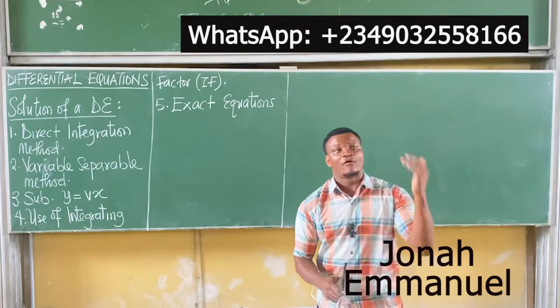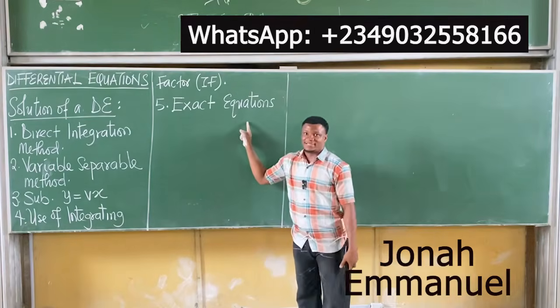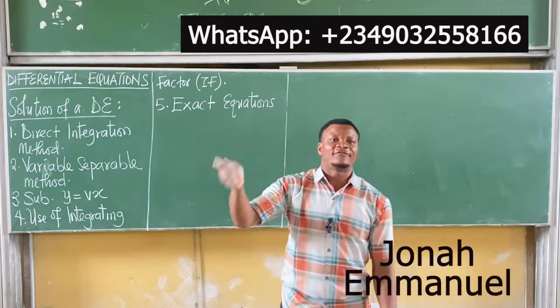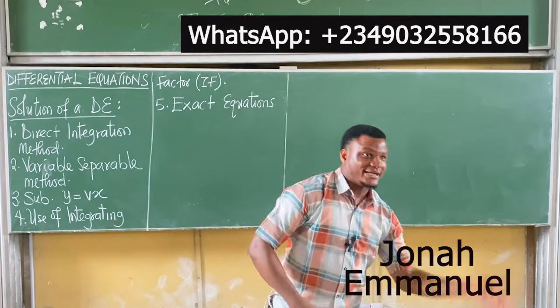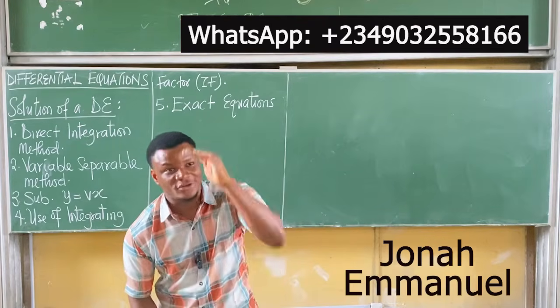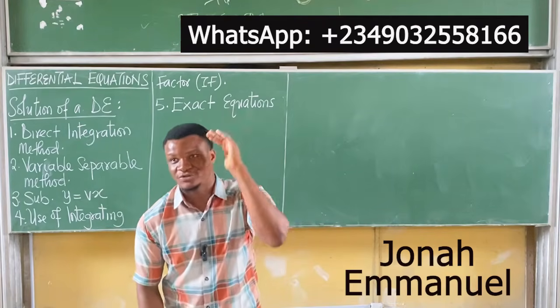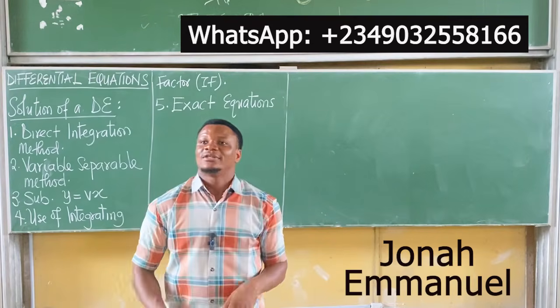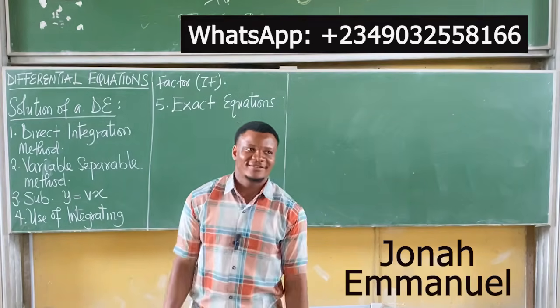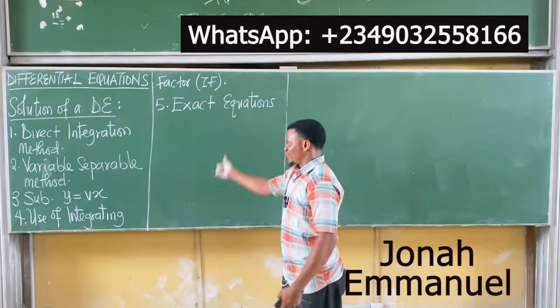But there's a higher form where it will not be exact. When it's not exact, you use an integrating factor to change a non-exact to an exact. The integrating factor has four different cases: case 1, case 2, case 3, case 4. That's what you do in Maths 306. But for now, if you know this one here, you're good to go.